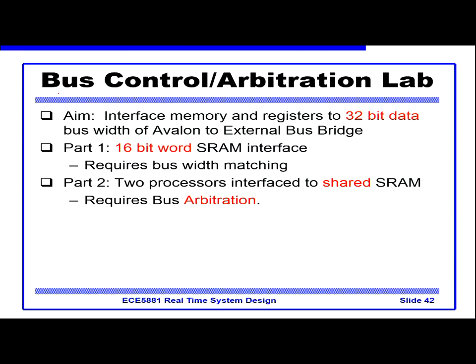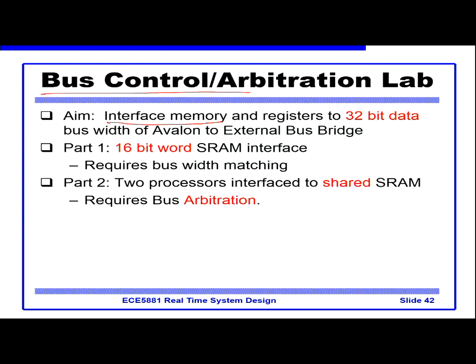All right, so in the second bus control arbitration lab, you are dealing with memory as well as the 32-bit data bus. So the interface of the memory, it's an SRAM static RAM chip. It's a 16-bit data device.